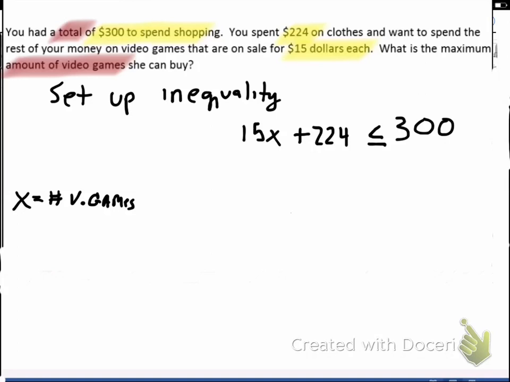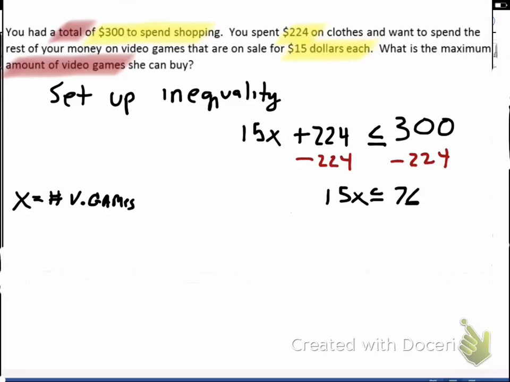Alright, so let's go ahead and solve this. So, minus 224. So I'll be left with 15x is less than or equal to 300 minus 224, 76.